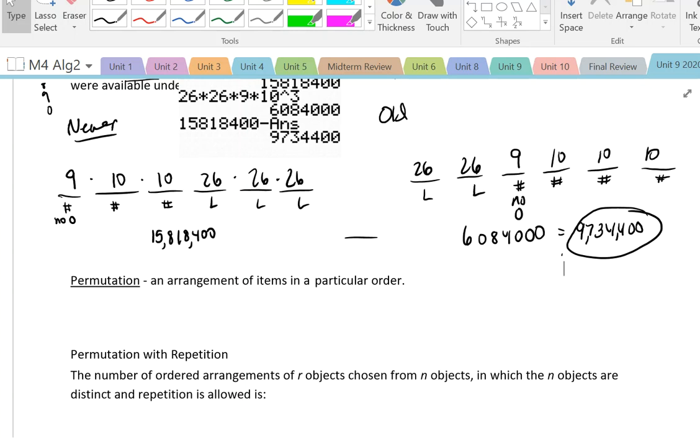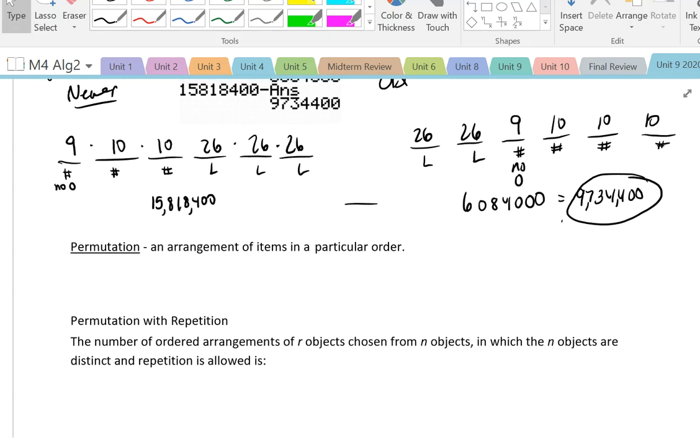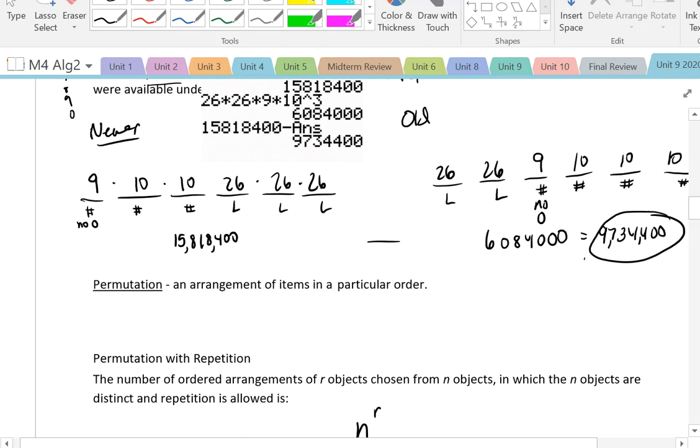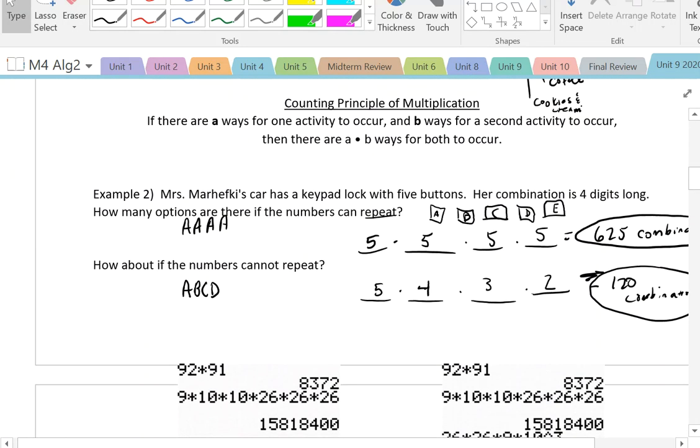I'm allowed to make my combo be A, A, A. A password on a computer is another good permutation, okay? I'm allowed to repeat them, and it doesn't lock me out. It's going to be n to the r. And you saw that: 5 to the 4th.